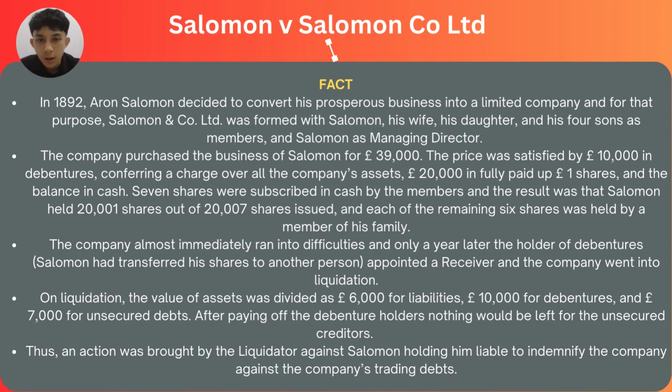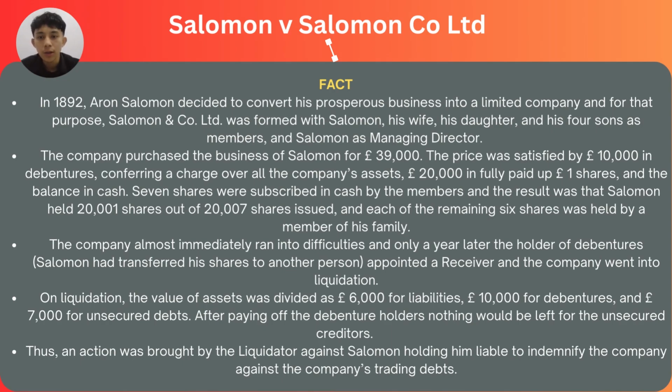Seven shares were subscribed in cash by the members, and the result was that Salomon held 20,001 shares out of 20,007 shares issued, and each of the remaining six shares was held by a member of his family. The company almost immediately ran into difficulties, and only a year later, the holder of the debentures transferred his interest to another person, a receiver was appointed, and the company went into liquidation.